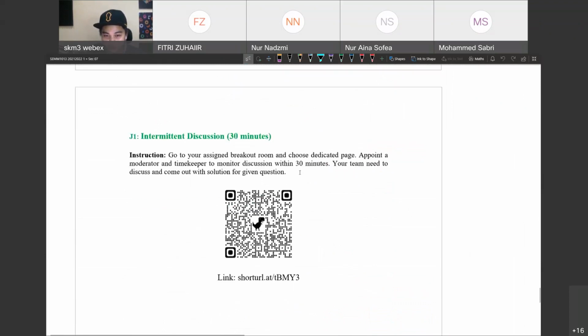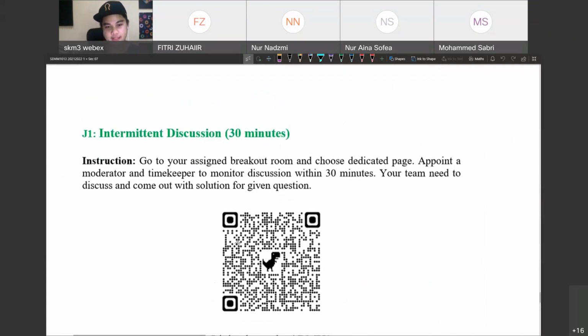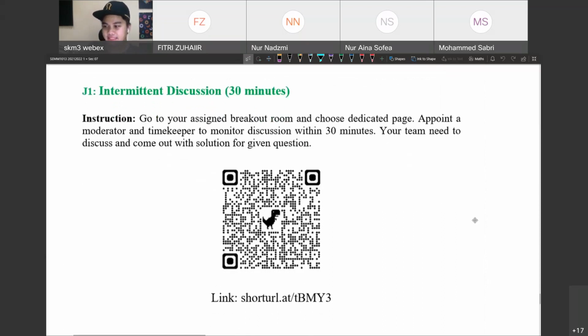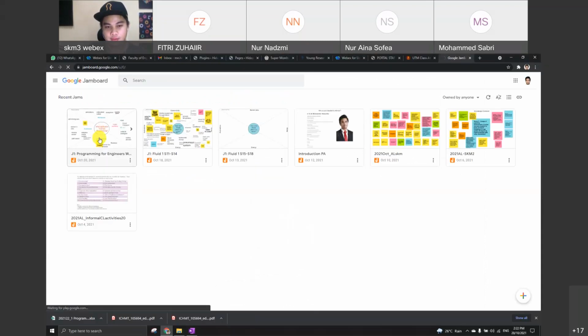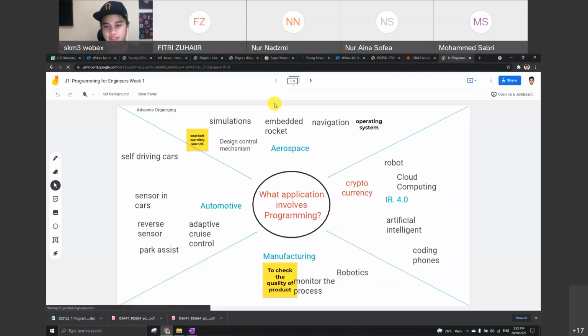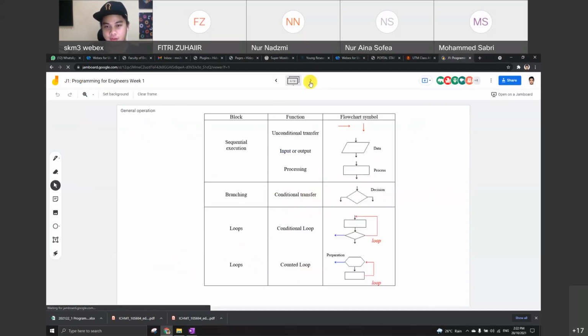Please go to this link. You can scan or go to your assigned link. This is basically the Jamboard link. Let me open the link and share in the chat box.